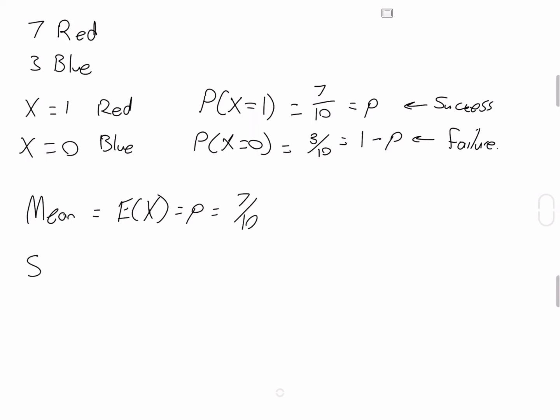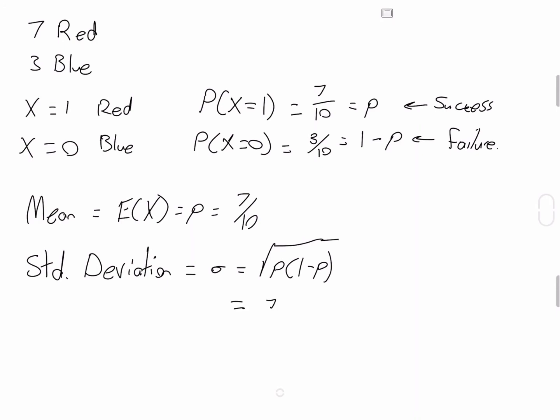And the standard deviation is going to be equal to this, which, let's plug the numbers in. So we've got 7 out of 10 times 3 out of 10, and the square root of all of that is roughly equal to 0.458. And that's it for the Bernoulli distribution.